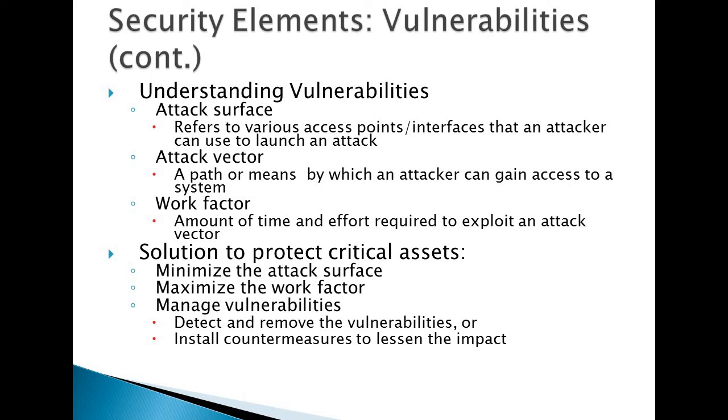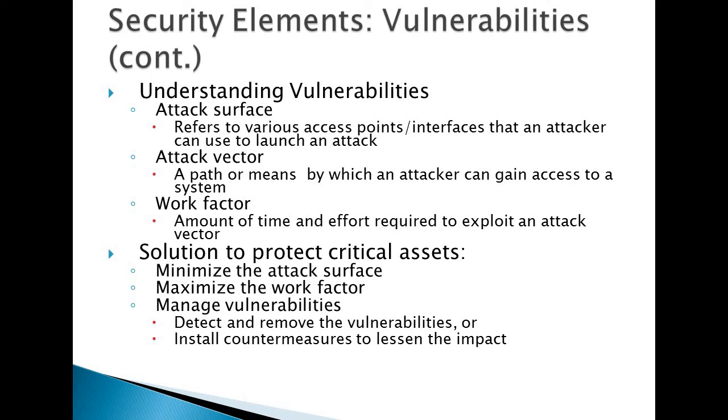A path or means by which an attacker can gain access to a system is referred to as the attack vector. The amount of time or effort required to exploit an attack vector is called the work factor.